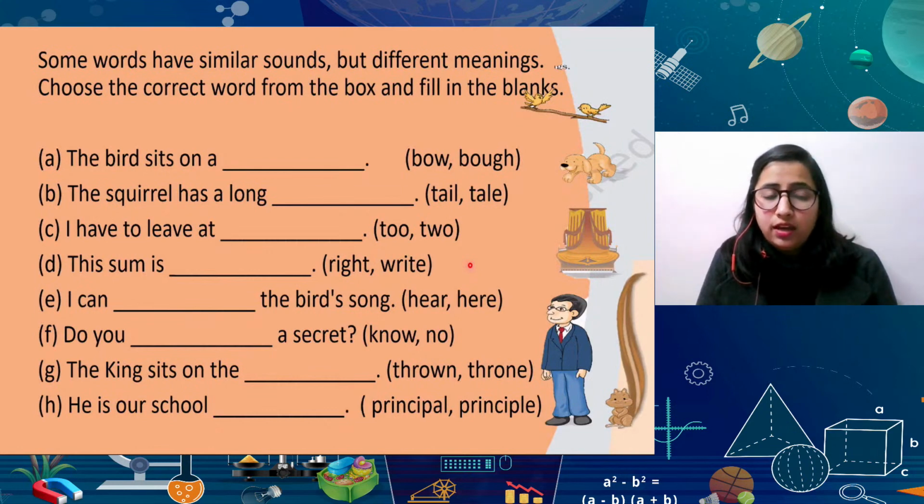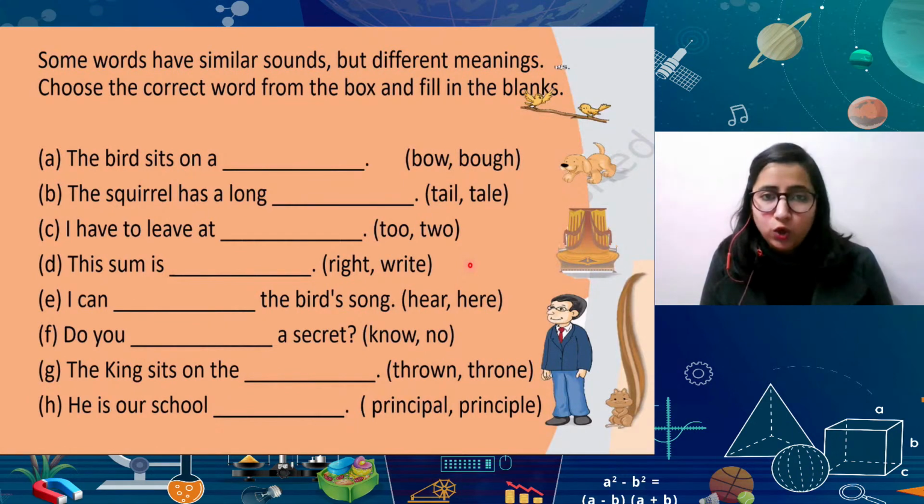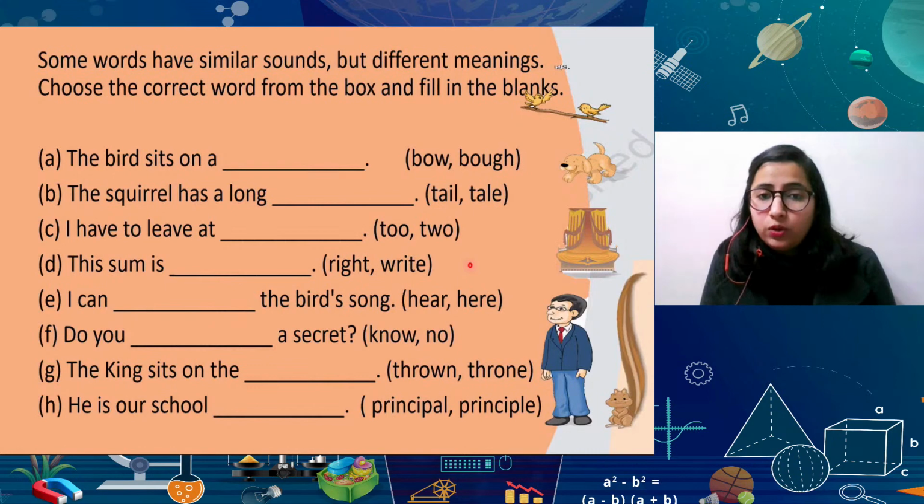The first sentence says, the bird sits on a, and we have two options, bough and bow, and both are pronounced as bow. Because it's on homophones, I can be sure that the pronunciation will be the same, although the spellings are different. Kids, recall the lesson Nasruddin's Aim, where Nasruddin used a bow and arrow to hit his target.